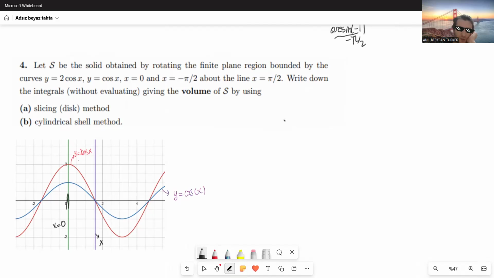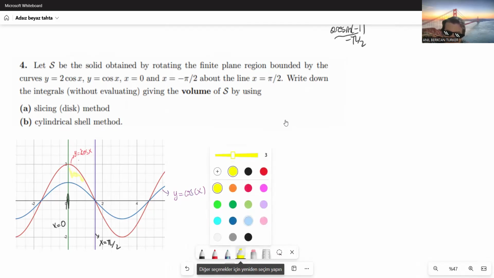This is x equals pi over 2. Okay. So what is this region we are talking about? This is this region. This is what we are talking about, okay?